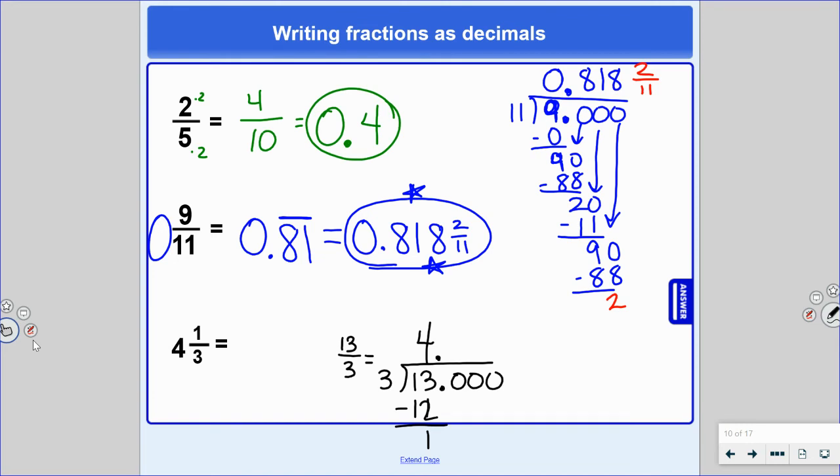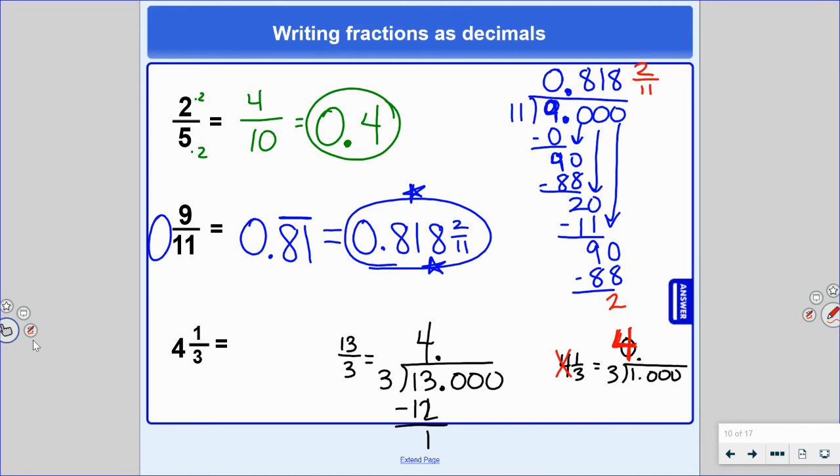So that's one reason I kind of like this method. The other method, though, is to pretend that the 4 is not even there. You can simply divide 1 by 3, and then later on at the end of the problem, go back and put your 4 in.